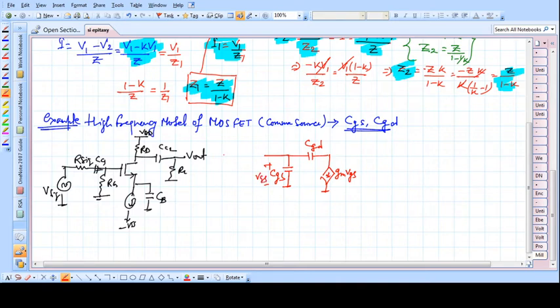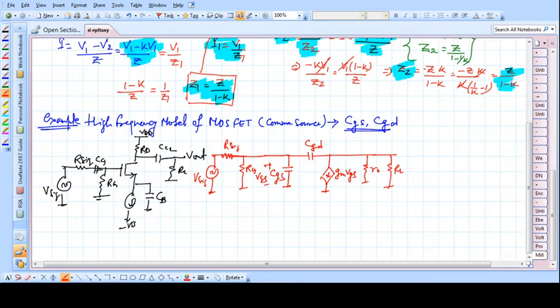And one more resistance RG, and one more resistance R signal, then V signal, and here one resistance R0 and RL.